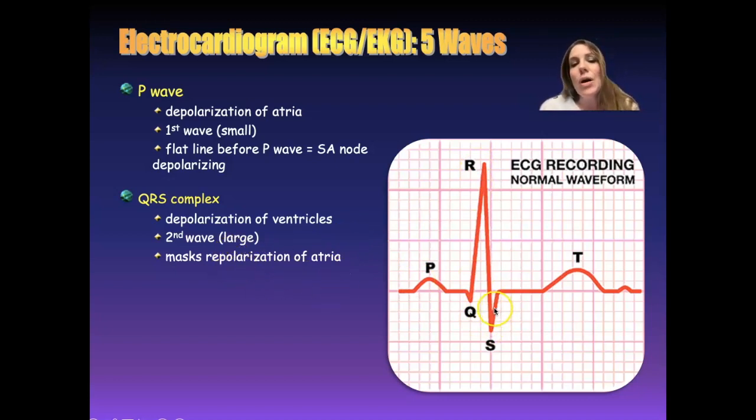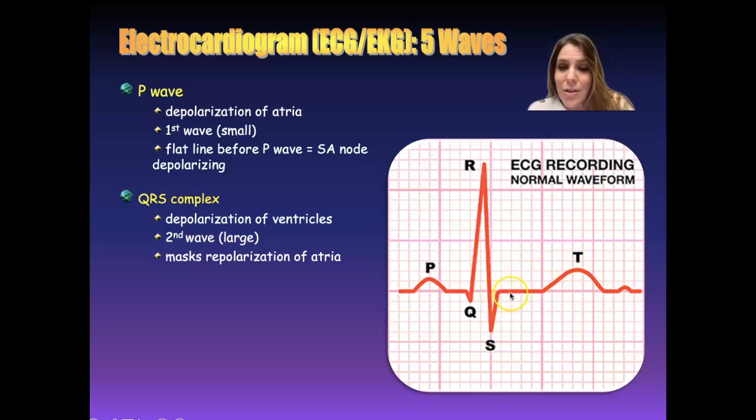And also, you're going to have the repolarization of the atria occurring during this time, but this big wave, which represents depolarization of the ventricles, is going to mask what would be produced by the repolarization of the atria. So what we're seeing here with QRS is the depolarization of the ventricles. So P, depolarization of atria, QRS, depolarization of the ventricles.